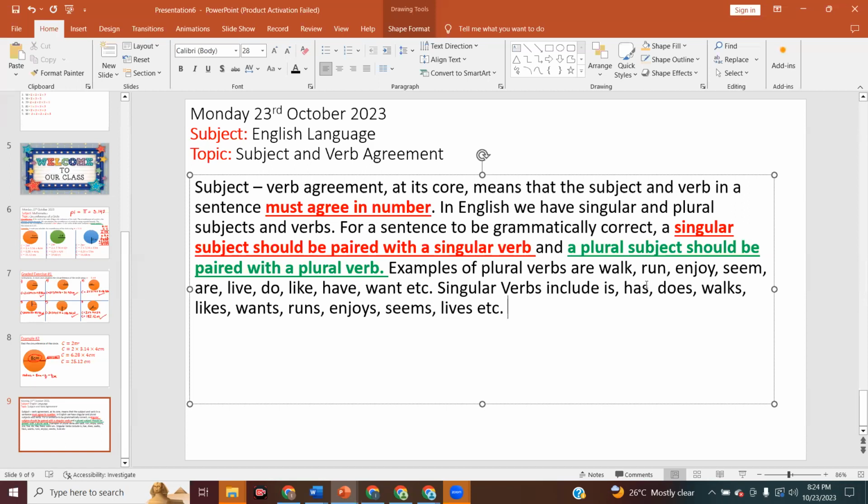All right. So now let's do some examples. Remember that the subject and the verb must agree. Good.